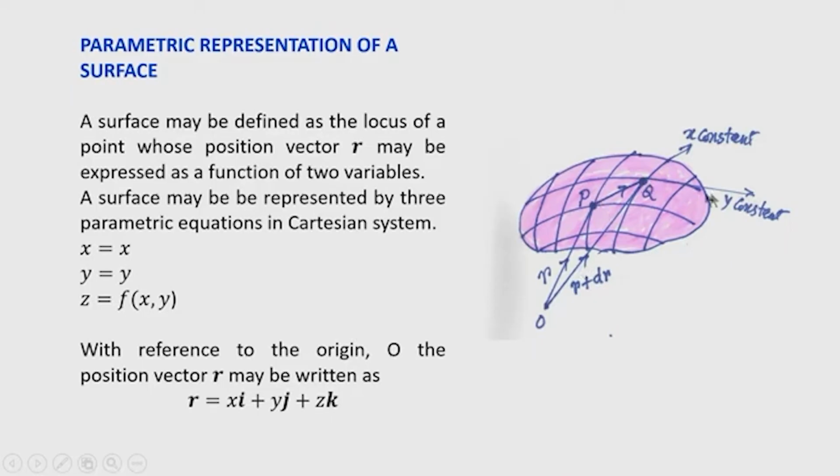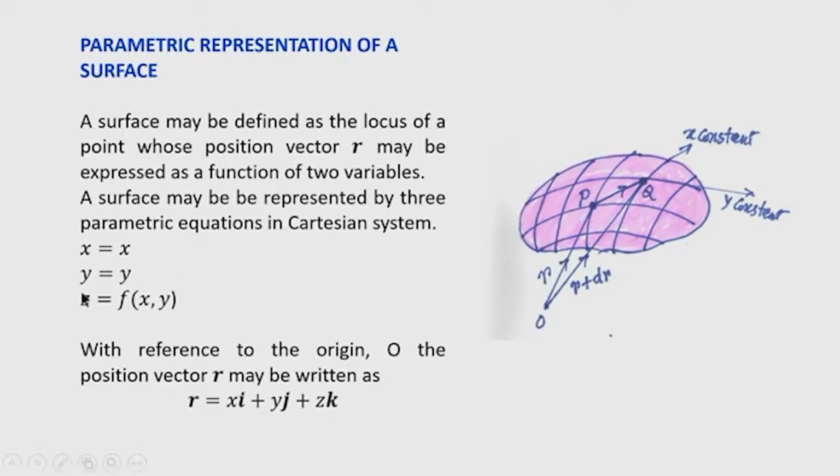Suppose this is one direction, aligned along the x axis. So, in that case y is constant, and if this line is aligned along the Cartesian y axis, then x is constant along this line. Now, in the parametric form, the surface of the shell is represented by a function of two variables. So, x and y are the variables which govern the shell geometry.